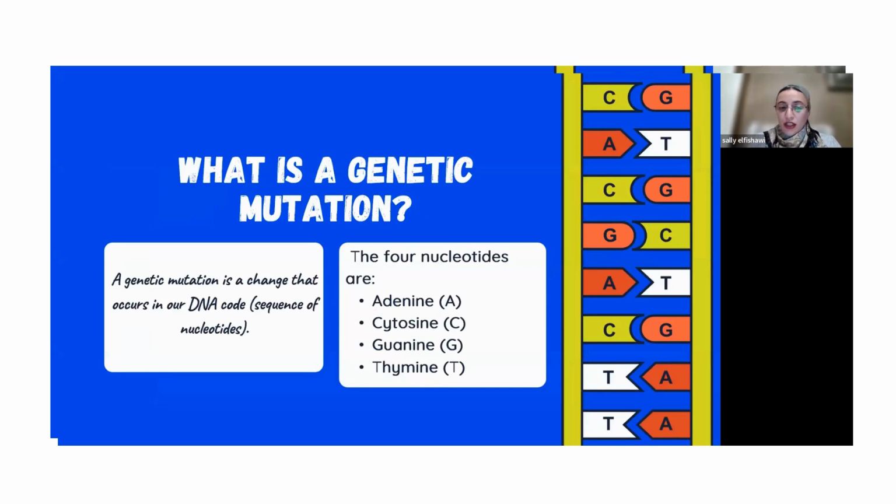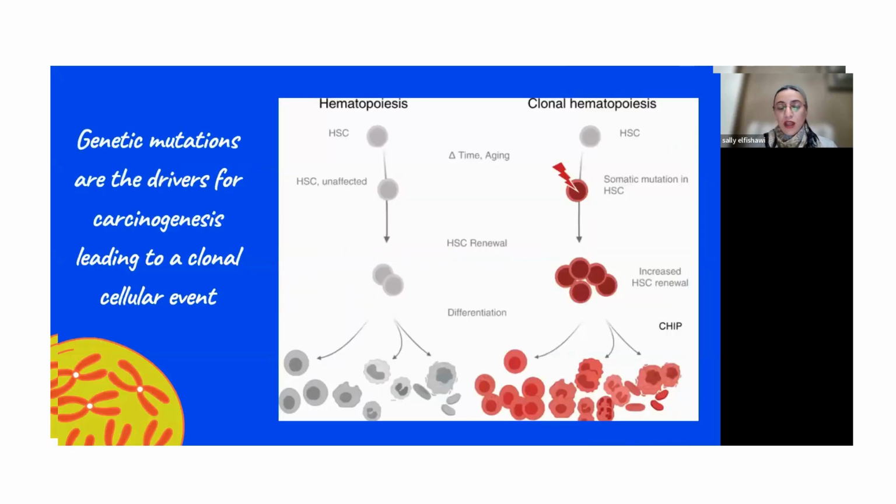Genetic mutations are changes in the DNA sequence, as you can see, a change in any of the assembly of the 4 nucleotides that we have: adenine, cytosine, guanine, and thymine. Genetic mutations are actually the drivers of oncogenesis. A mutation occurs in one cell, and this cell gets clonally amplified and gives us the tumor that we have in hematological malignancies.